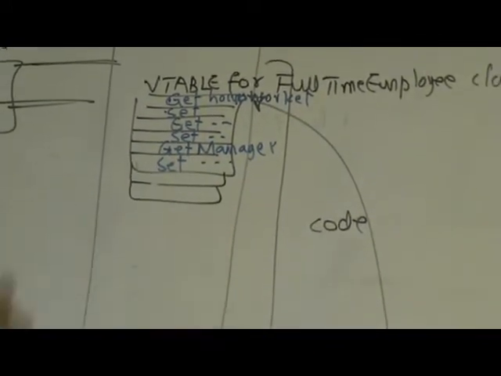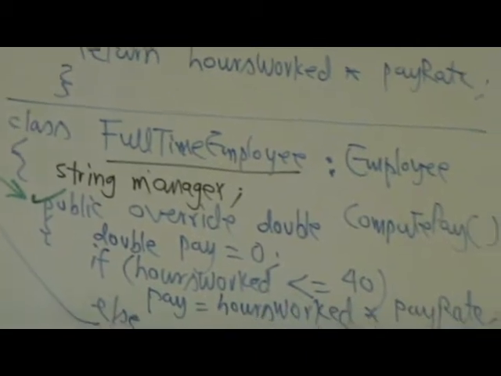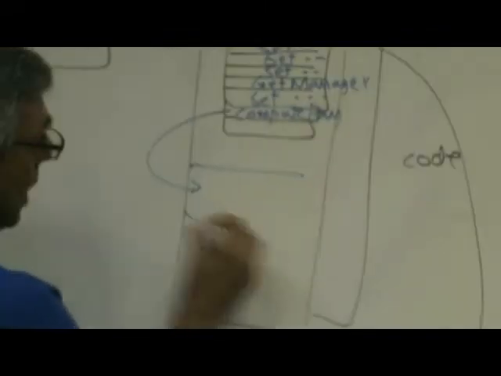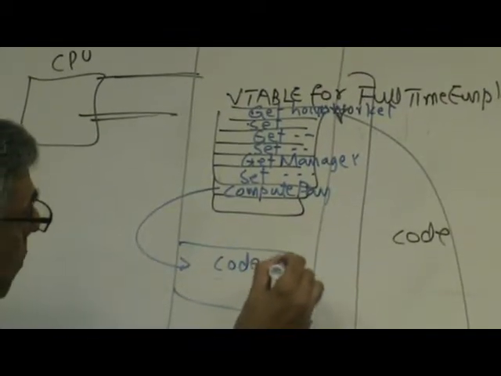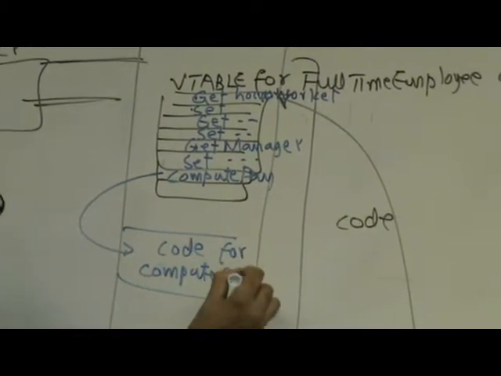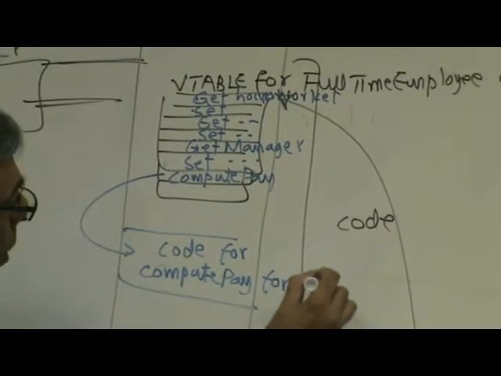Then the 7th entry will be for compute pay, and again this will be pointing to the code for compute pay for the full-time employee class.